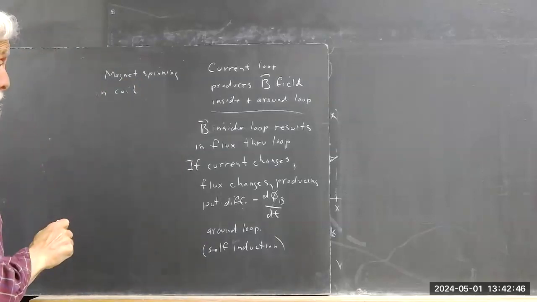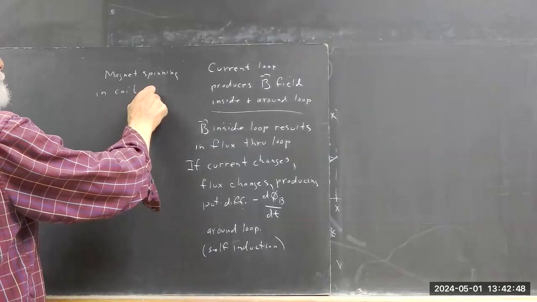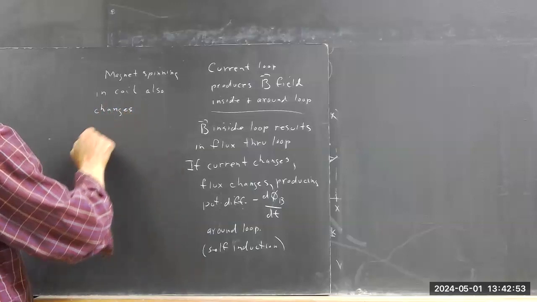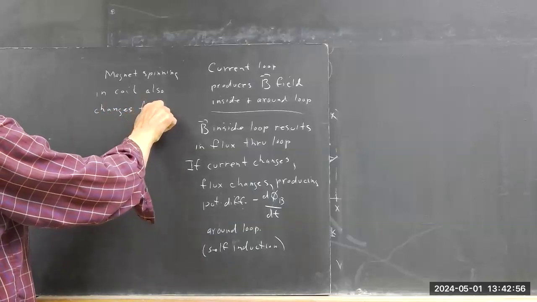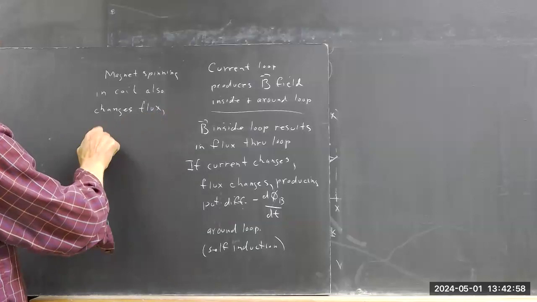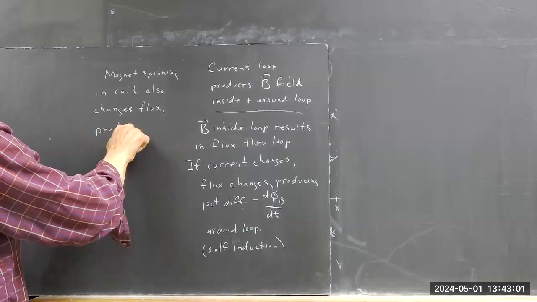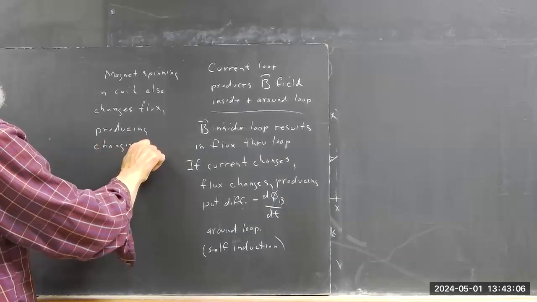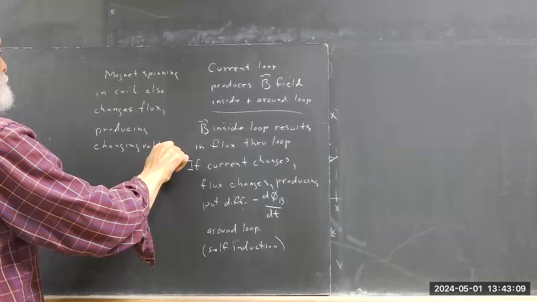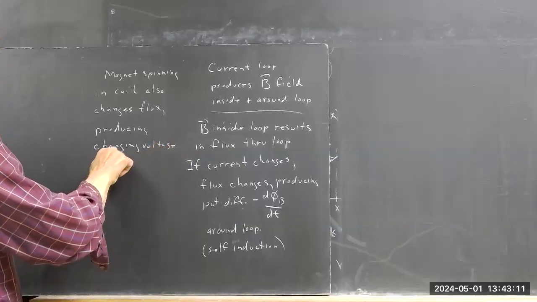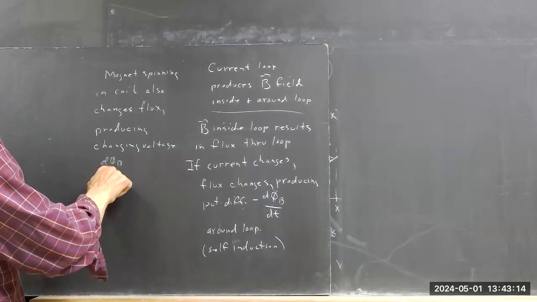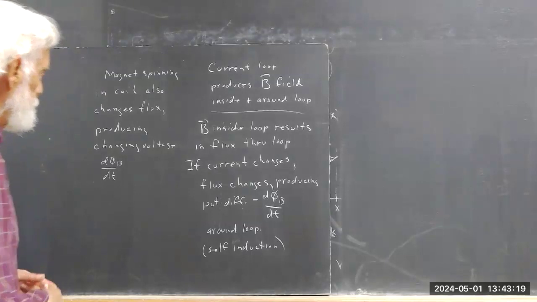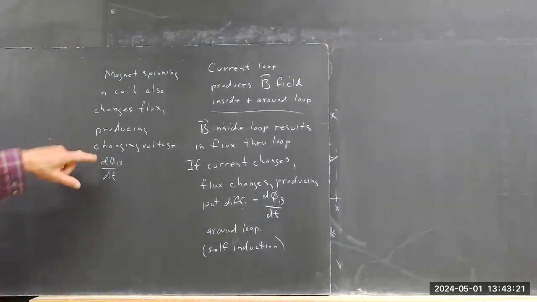A magnet spinning in a coil also changes flux, changing the voltage by changing the flux.